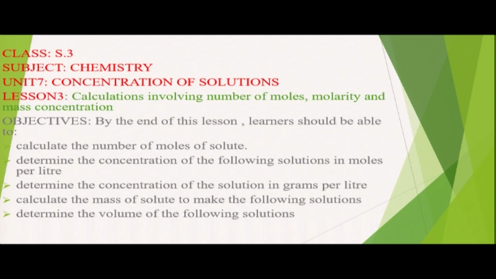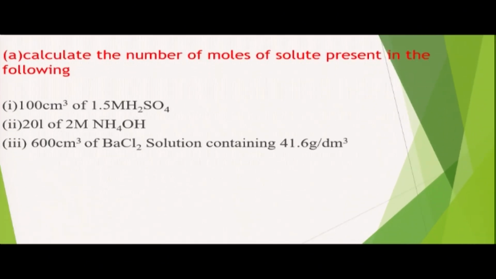Since we'll be able to calculate the moles, then we'll convert the moles into the mass, depending on the solution that we want to prepare or use. You will determine the volume of different solutions given other known quantities, either the concentration or the moles, so you'll be able to determine the volume that is contained in a given solution. Let's go on.